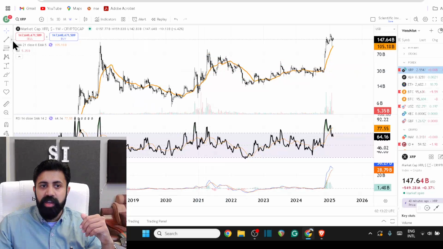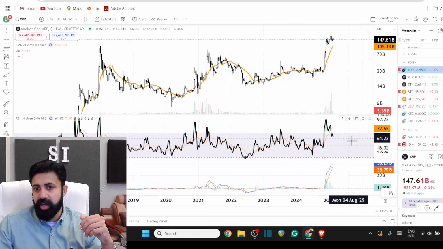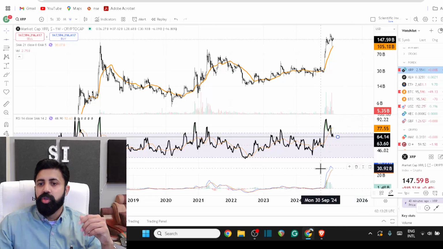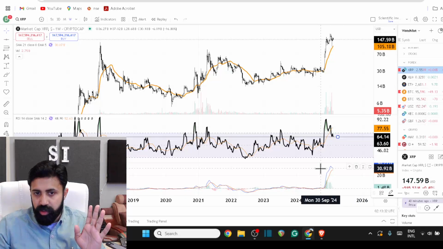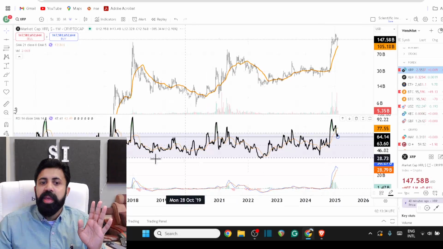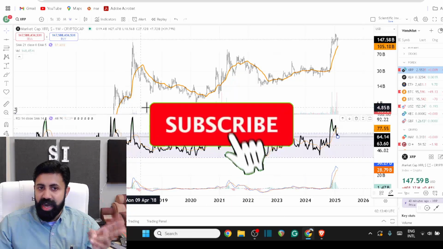Now, you want to actually pick up a horizontal line and plot where the weekly RSI is at now. So, if you barely break your support, what's going to happen? Each and every time you did that, the price action did a capitulative move to the downside.